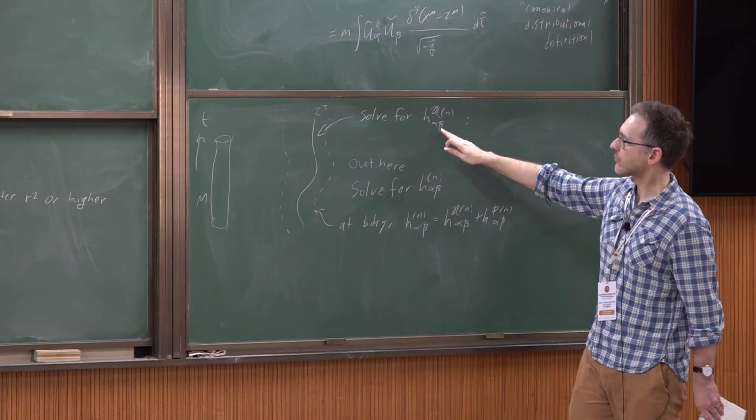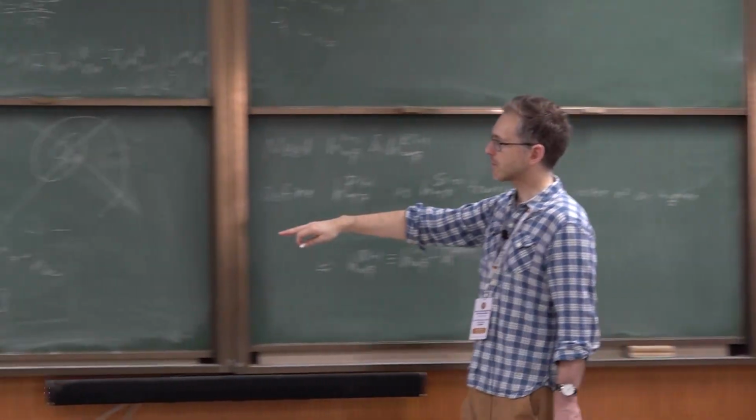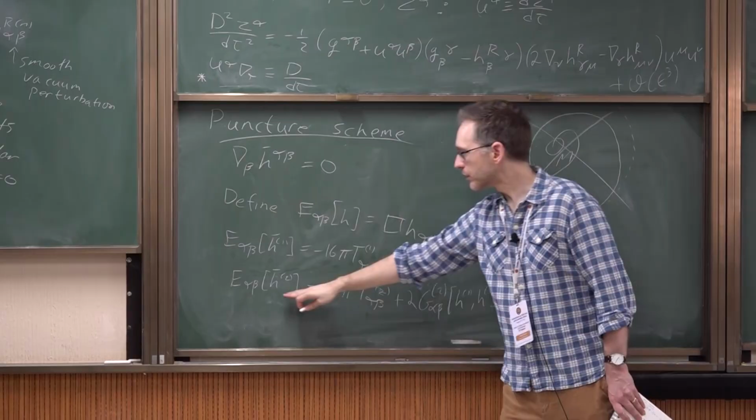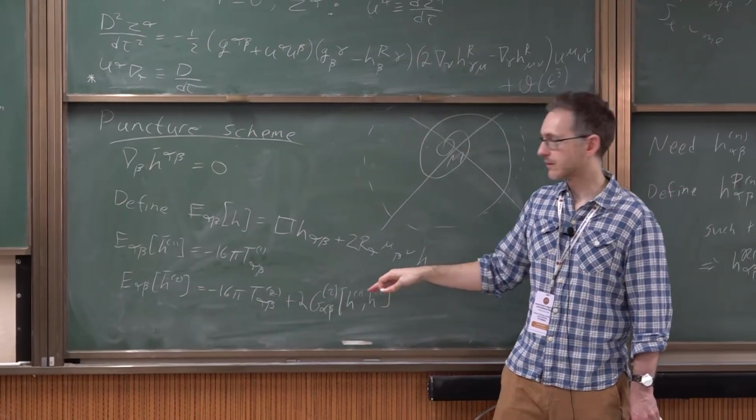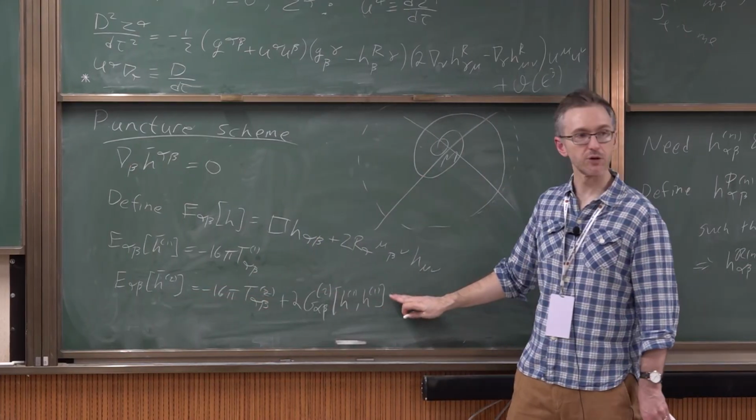So to get the equation for the residual field, all I'm going to do is take these equations and simply move the puncture to the right-hand side. So I just take that h is residual plus puncture, and I just move the puncture over here.